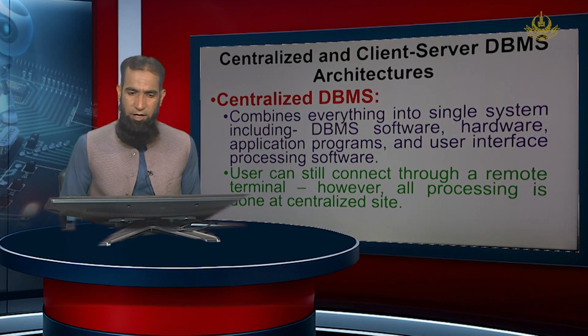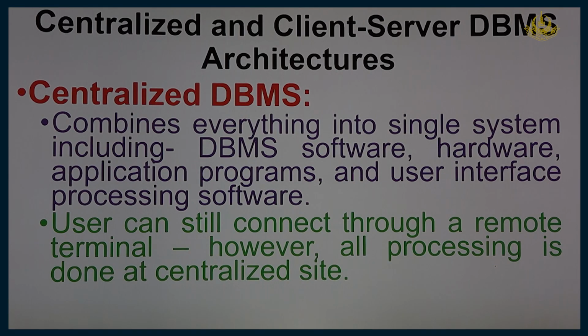Then there are different types of databases with respect to one location and multiple locations. The first one is centralized. Centralized database architecture is one in which all the database server, all the data is stored at one place that combines everything into a single system, including DBMS software, hardware, application programs and user interface for processing.